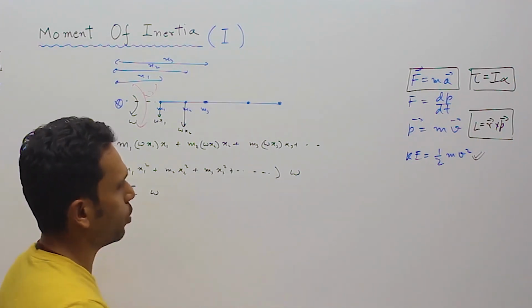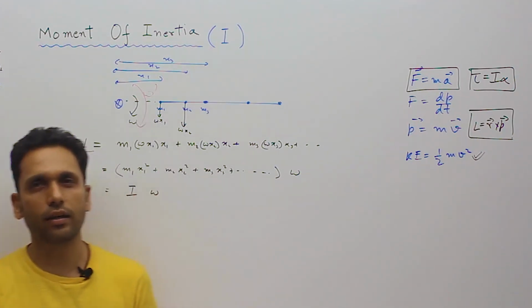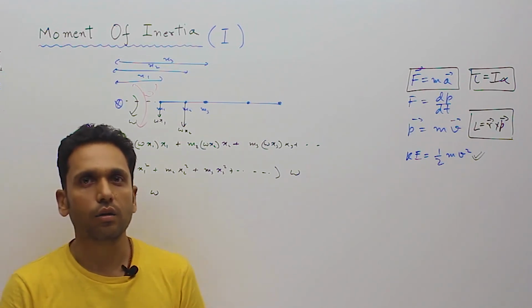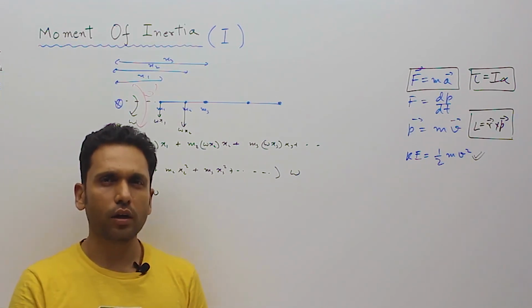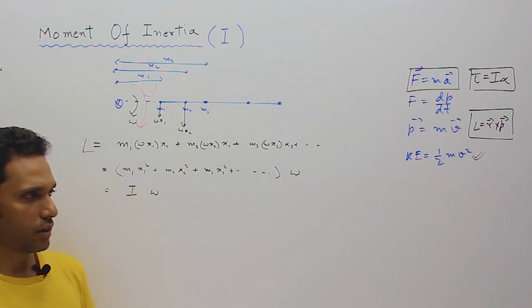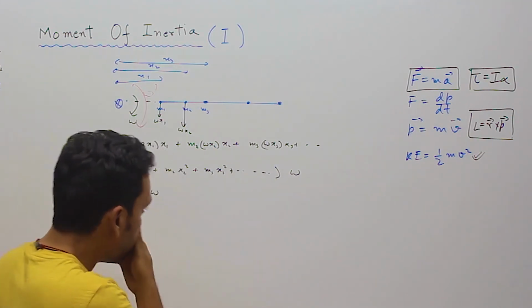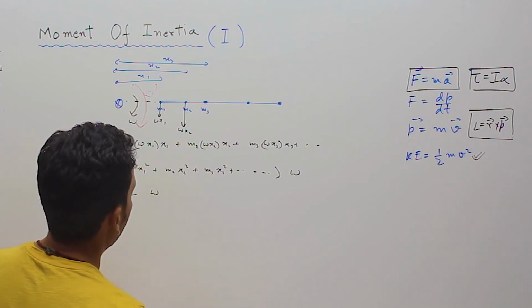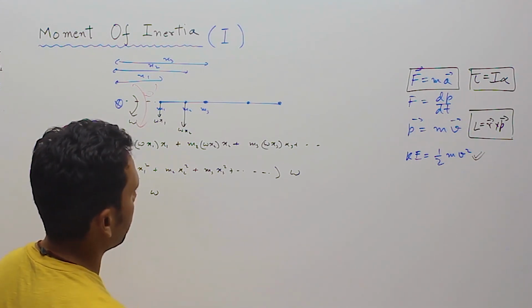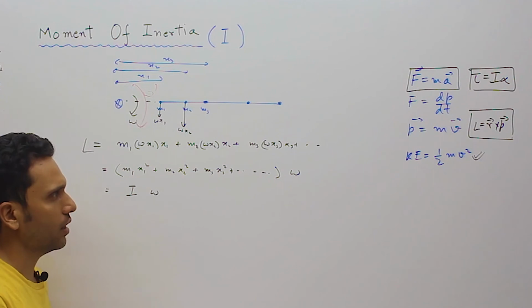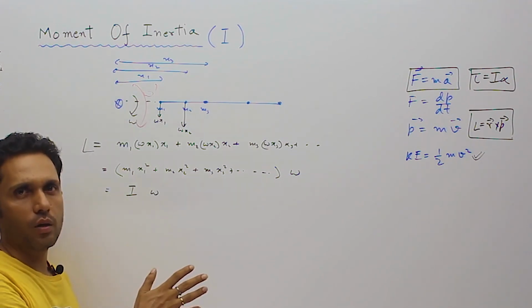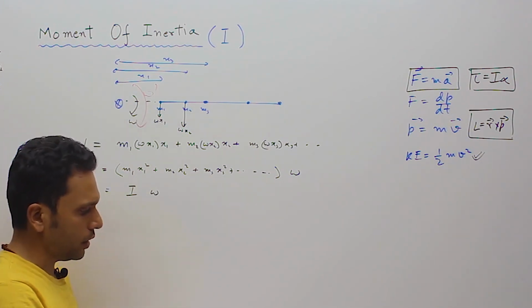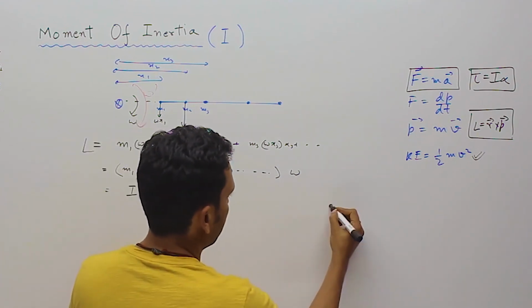It would be continuous bodies, simple bodies like discs, rings, a rod, cylinder, cuboids, stuff like that. Now let us deal with the continuous body and get the moment of inertia. I'm going to skip the part of getting the moment of inertia of bodies like these.